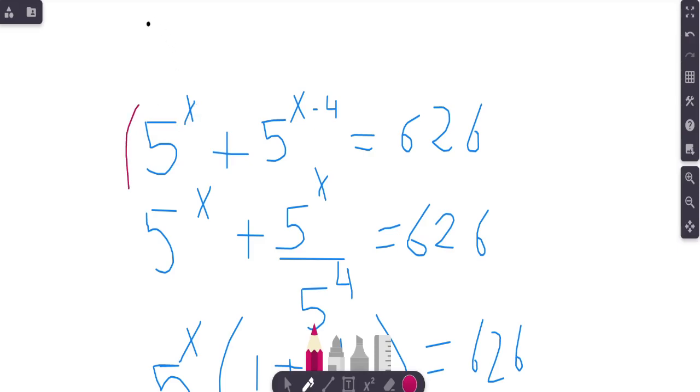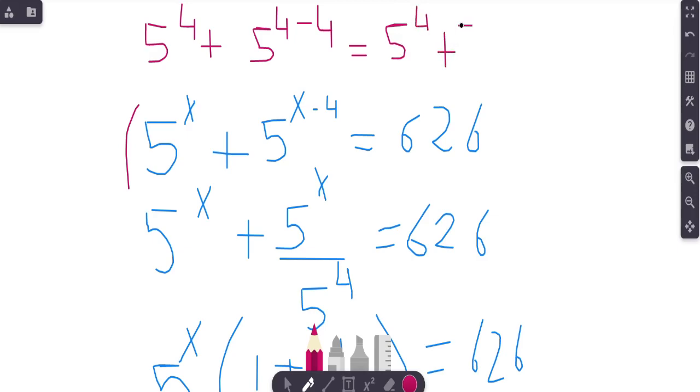So we'll have 5 to the 4 plus 5 to the 4 minus 4 equals 5 to the 4 plus 5 to the 0, which is 1. Anything to the exponent 0 equals 1.